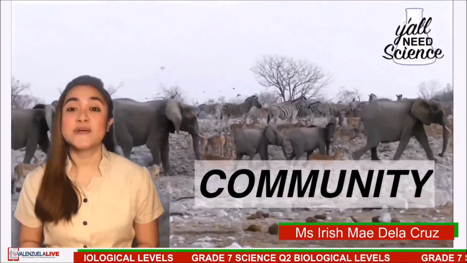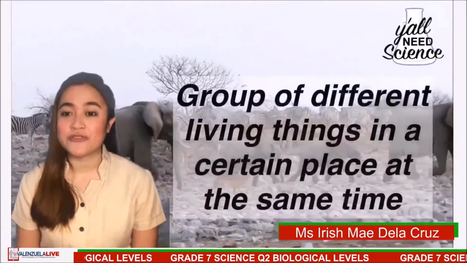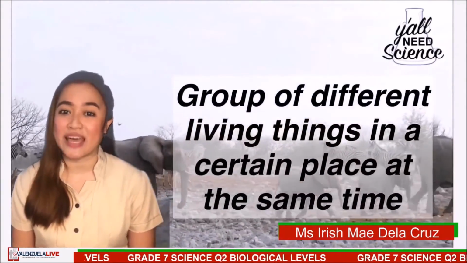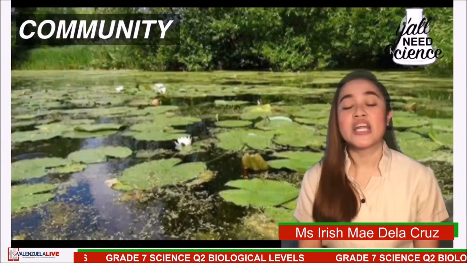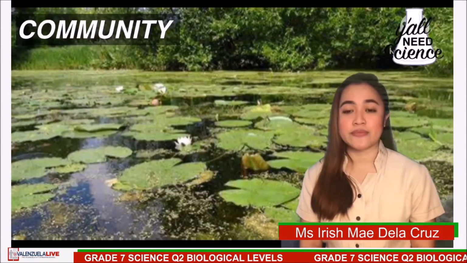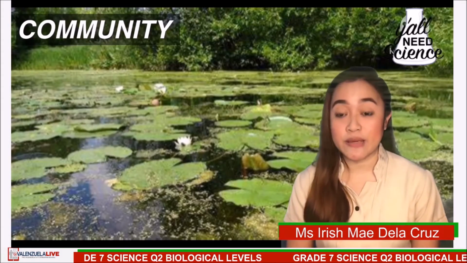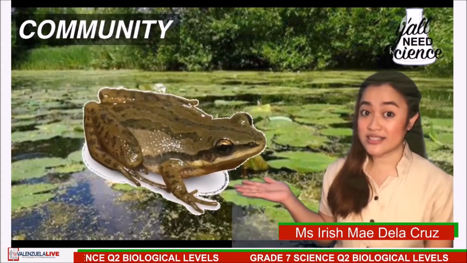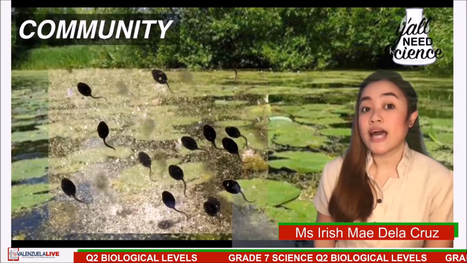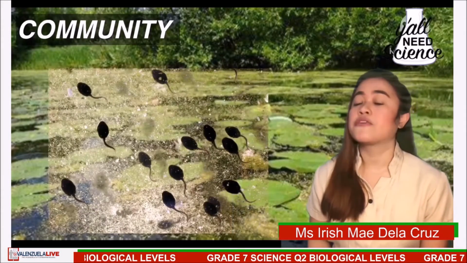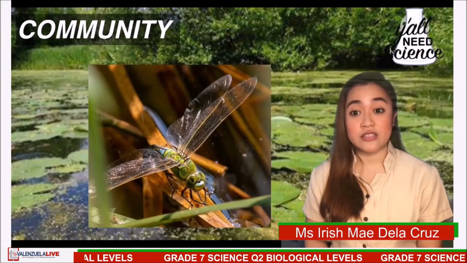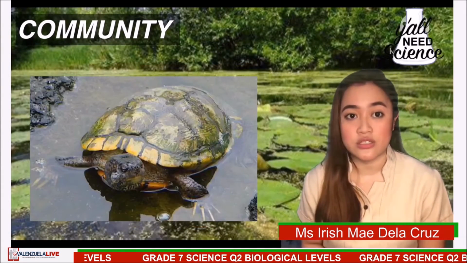Because community is a group of different living things in a certain place at the same time. Another example of community. All organisms found in the pond, like frog, like the tadpoles, the fishes, dragonflies, and even the turtles.